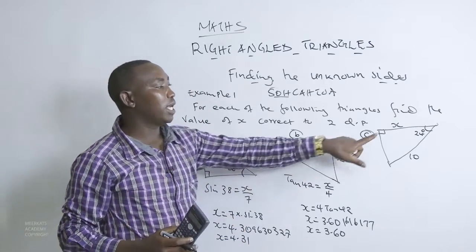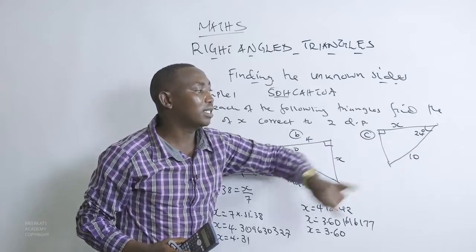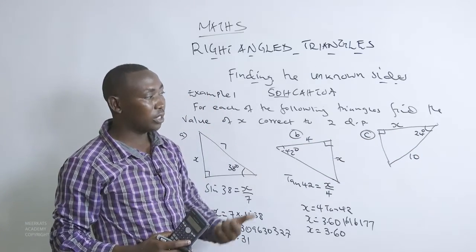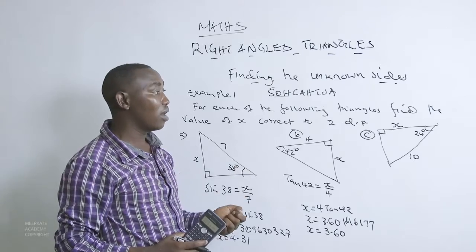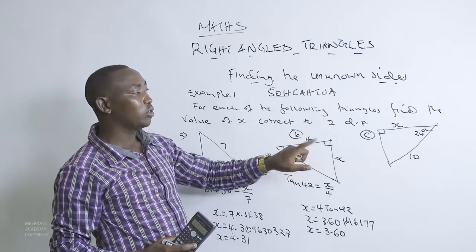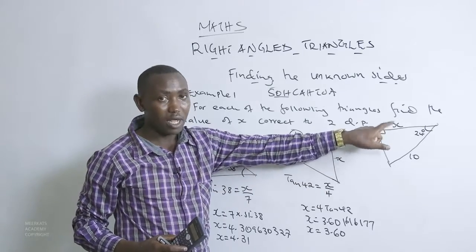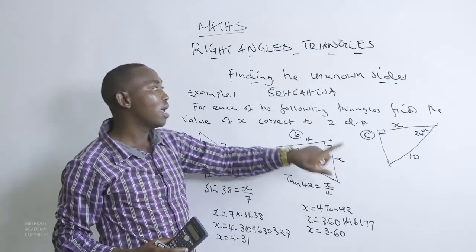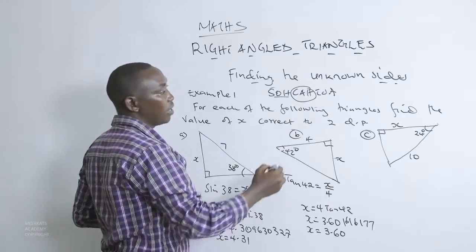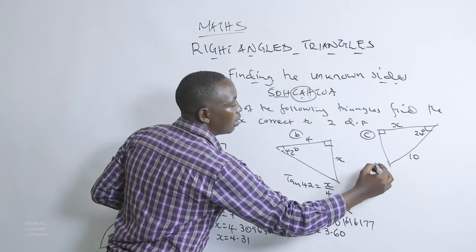For you to be able to obtain the value of x, we note x is adjacent to the angle theta, and 10 is the hypotenuse of that particular triangle. So we need to make use of a trigonometric ratio that has adjacent and also hypotenuse. That means we are going to use cosine because it has adjacent and hypotenuse.